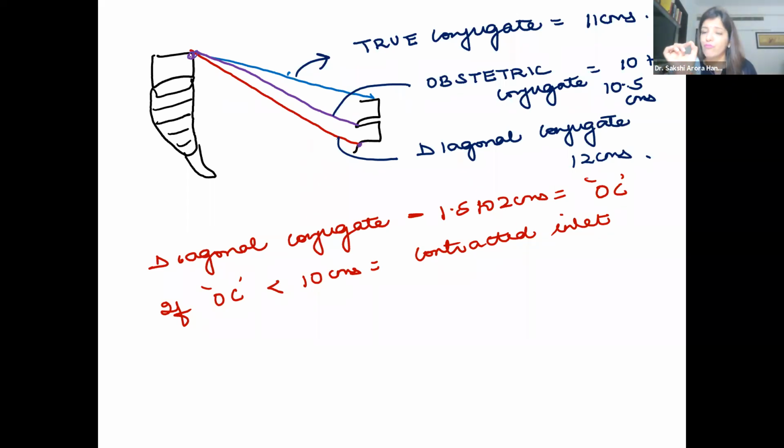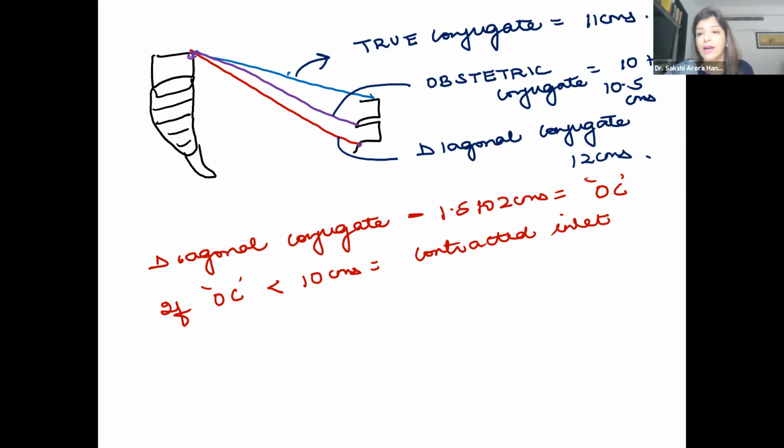So the minimum value which you need for a normal vaginal delivery is that the obstetrical conjugate should be 10 centimeters. Now, the diameter which can be measured is the diagonal conjugate, and contracted pelvis is defined in terms of obstetrical conjugate. So that is why whenever we have to assess the pelvis, I will measure the diagonal conjugate.